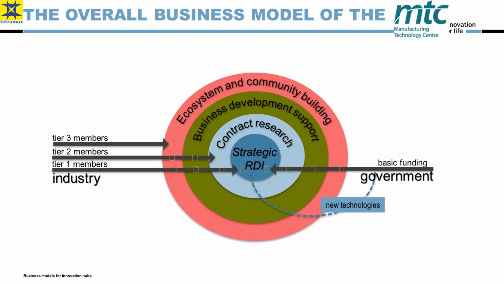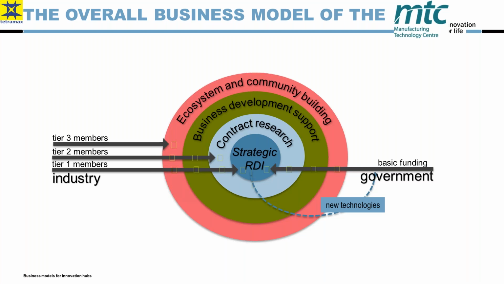Within the industry, you can see all different kinds of memberships, and MTC differentiates between tier 1, tier 2, and tier 3 members. So the tier 1 members, they've got access to the strategic RDI. The tier 2 is mainly focused on contract research, and the tier 3 are just partners in the ecosystem. They're part of the community.